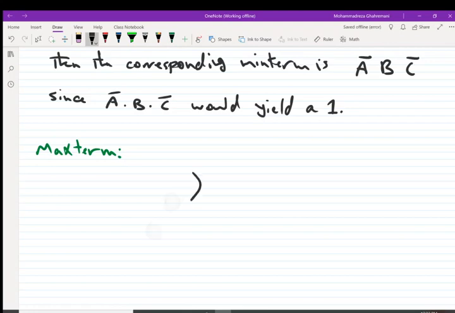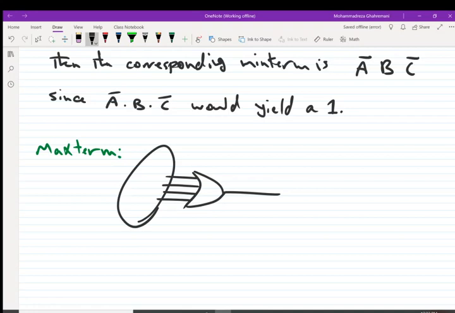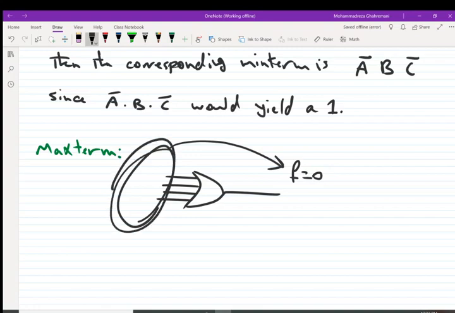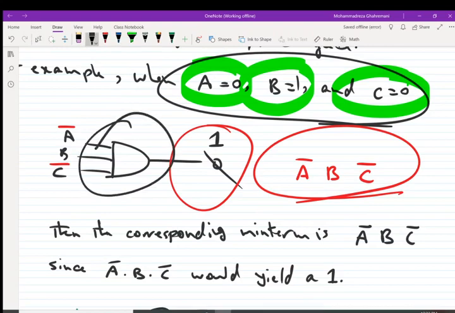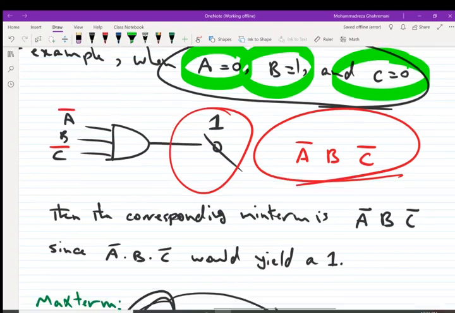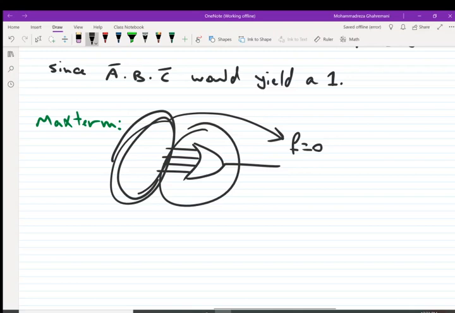So if we have an OR gate and inputs, what combination of the inputs should be applied to the gate so the output is 0? This combination is called Maxterm. Be careful, for Minterm we have an AND gate, for Maxterm we have an OR gate.